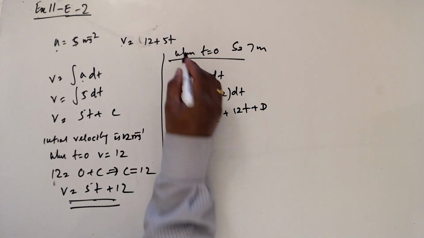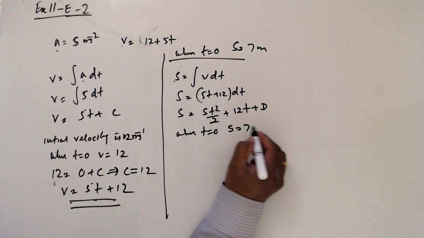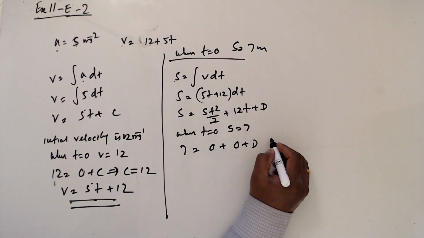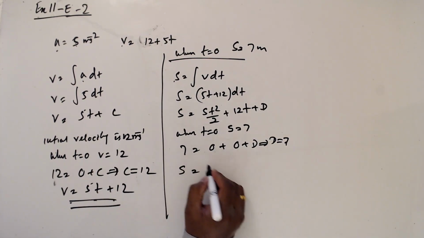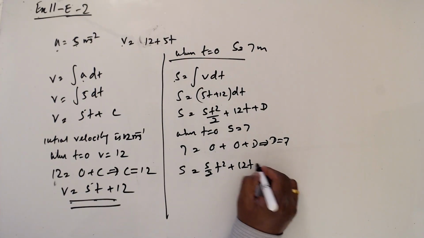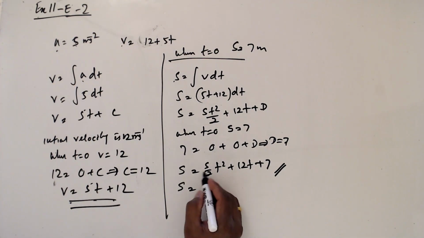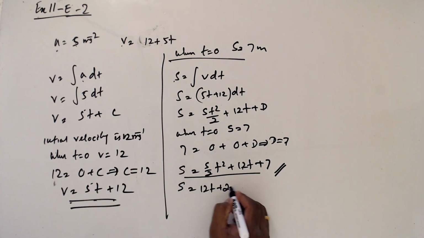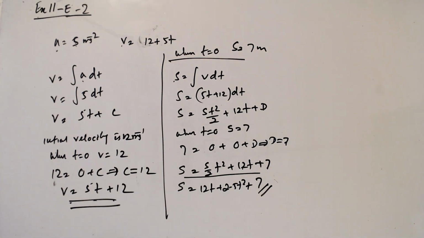We can find d because when t equals 0, s equals 7. We'll substitute: 7 equals 0 plus 0 plus d. So d equals 7. Now the equation is 5 divided by 2 t square plus 12t plus 7. So we have to rearrange this one: 2.5t square plus 12t plus 7. So this is the final answer.